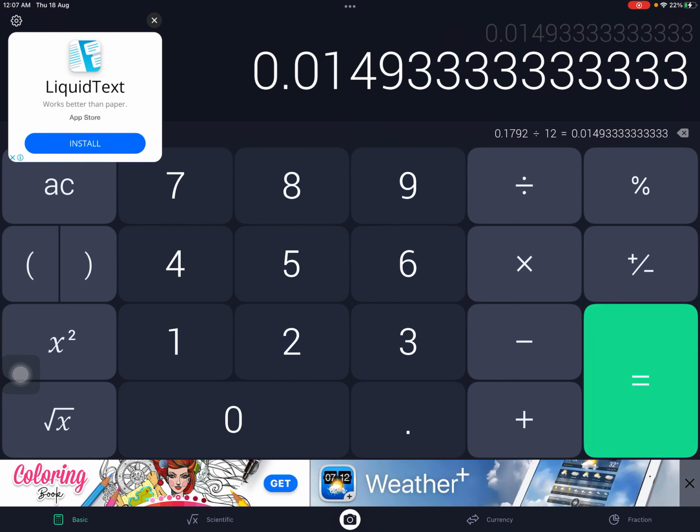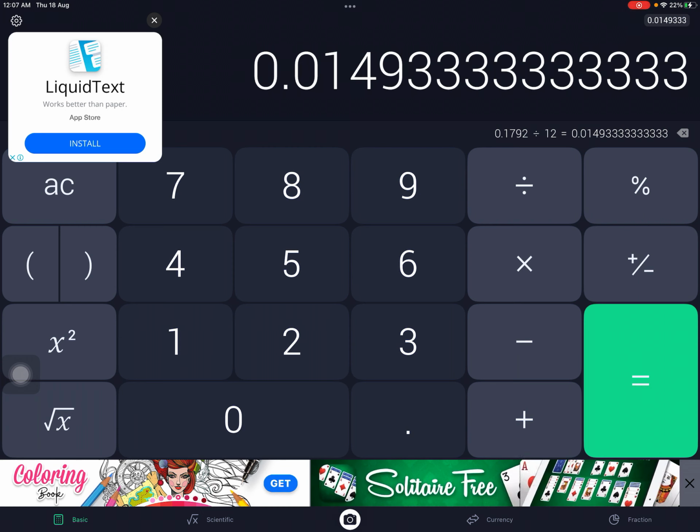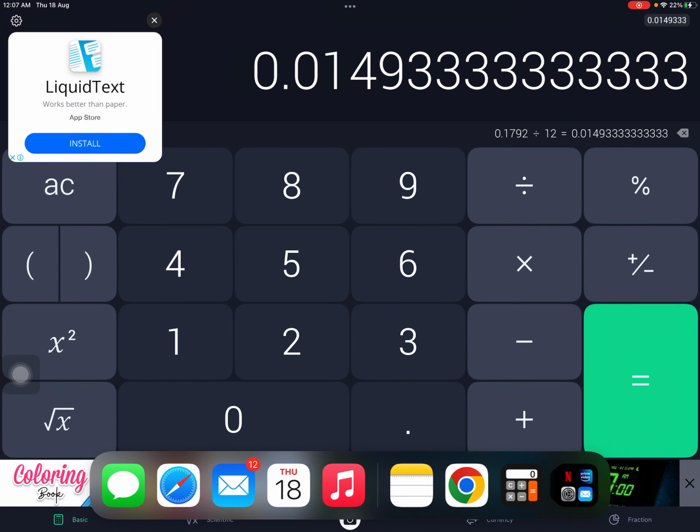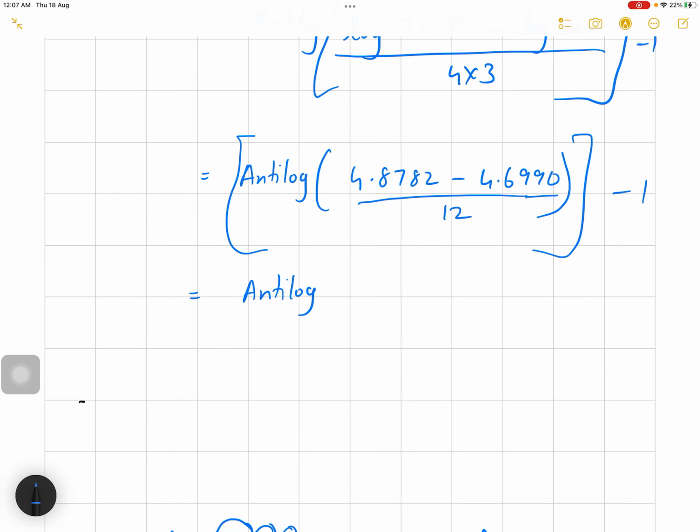Divide by 12, it comes to 0.01493. I will keep only 4 decimals, since in anti-log you need only 4 decimals.